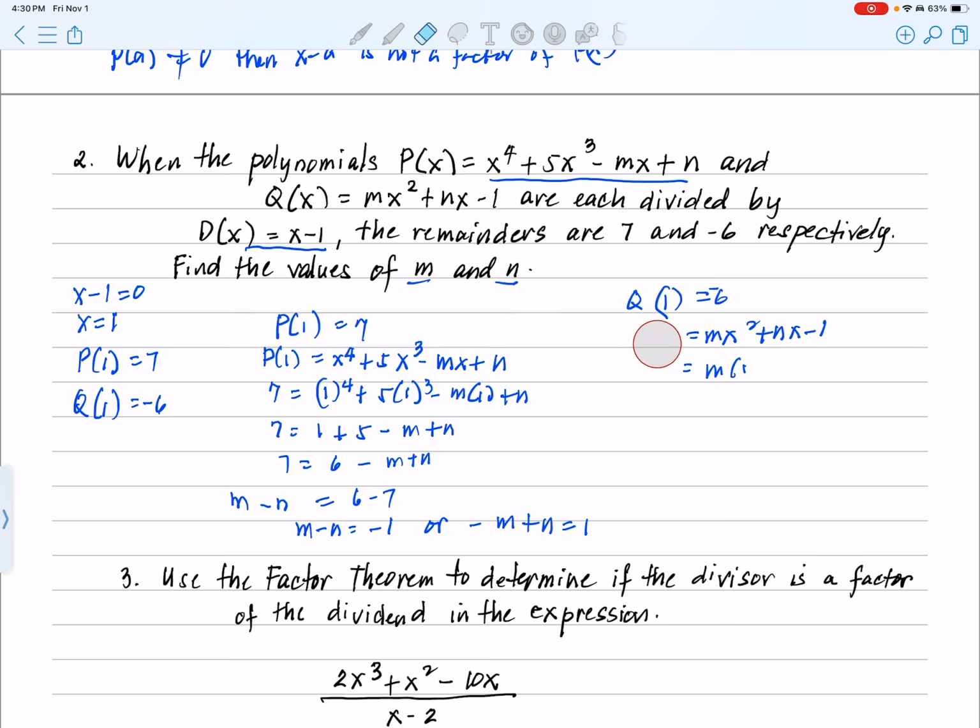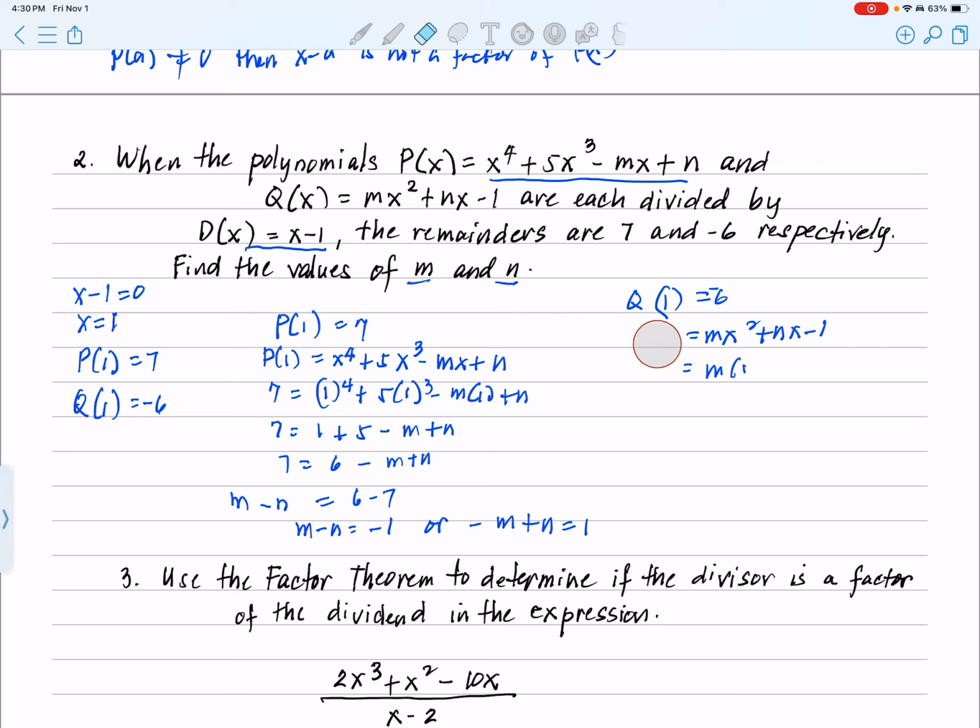Q of negative 6. So I could say negative 6 and replace the x with 1, plus n times 1 minus 1. So negative 6, m times 1 squared is m, plus n minus 1.